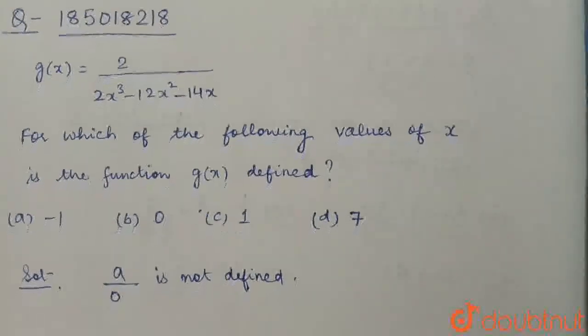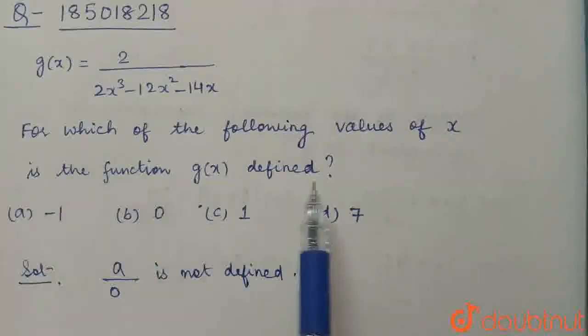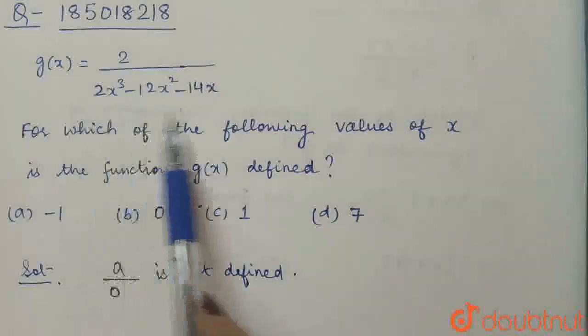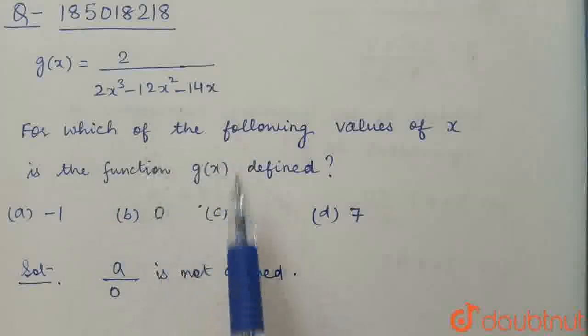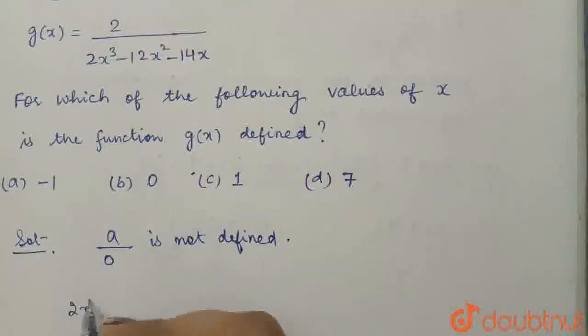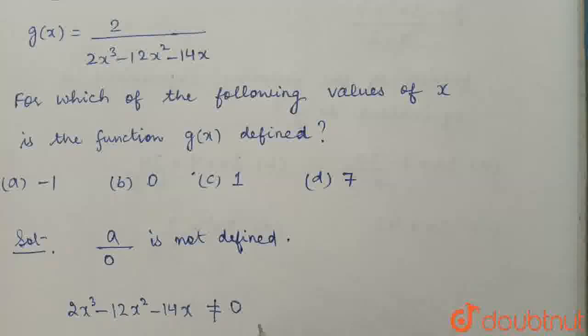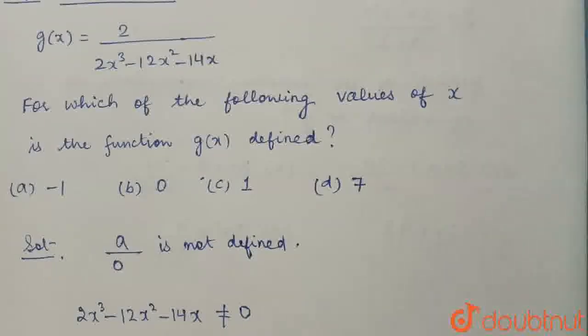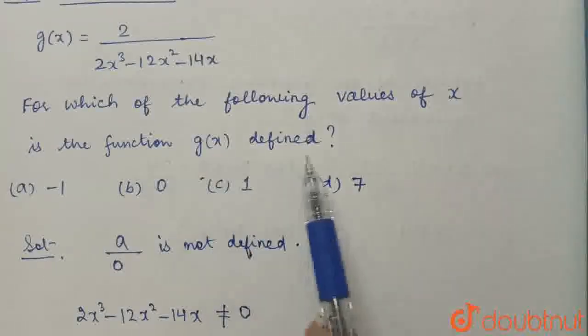So now, for g(x) to be defined, the expression given in the denominator must not be equal to 0. So now we'll write 2x cube minus 12x square minus 14x should not be equal to 0 so that g of x is defined.